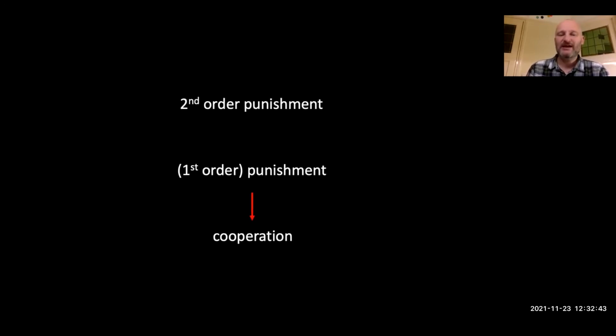So the idea then is there's cooperation, there is punishment, and punishment can stabilize cooperation. And then you could have punishment of the non-punisher, so second order punishment, and that could stabilize punishment. And one idea here is that cooperation is costly, but punishment is costly too, but less so, right? Because you don't have to punish too much if everybody cooperates.